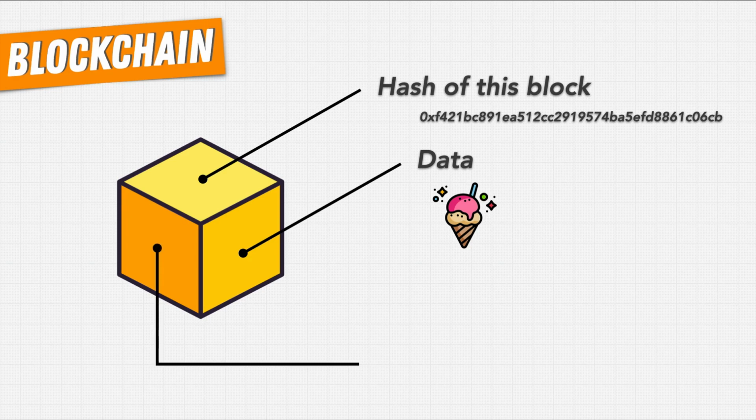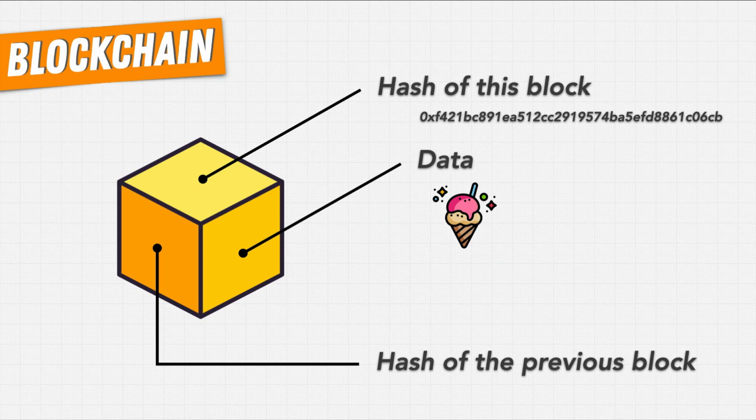Finally, we have the hash of the previous block, or the fingerprint of the block that was added to the blockchain immediately before the current block. It's this previous hash here that creates the link between blocks that forms a chain.